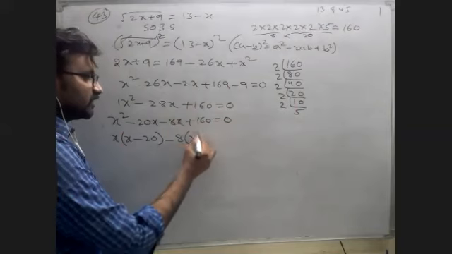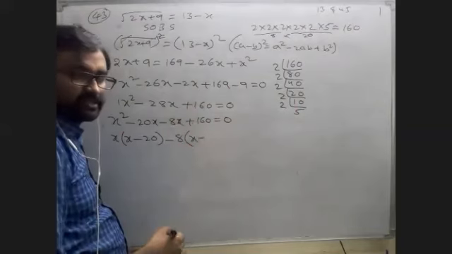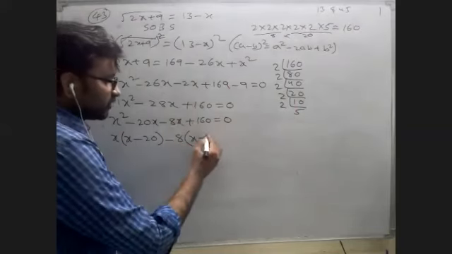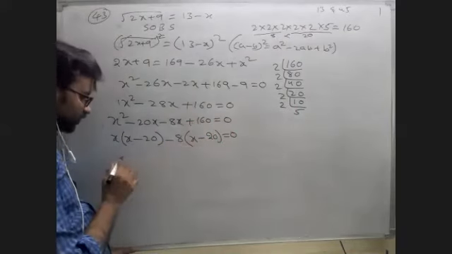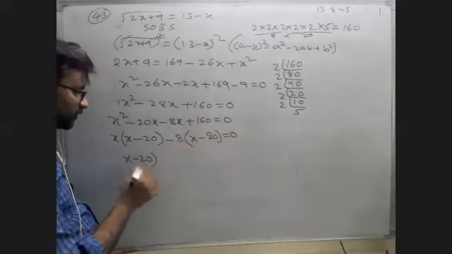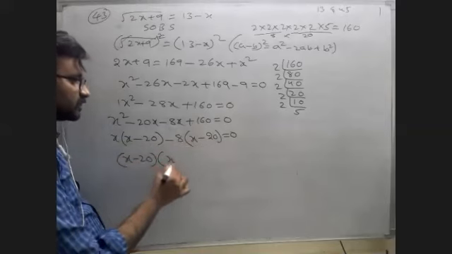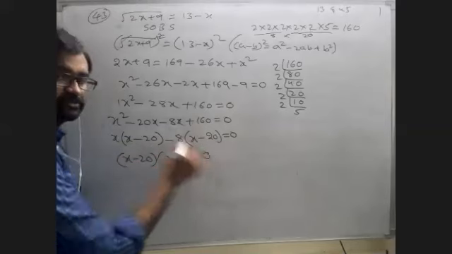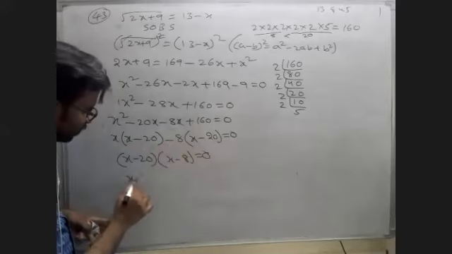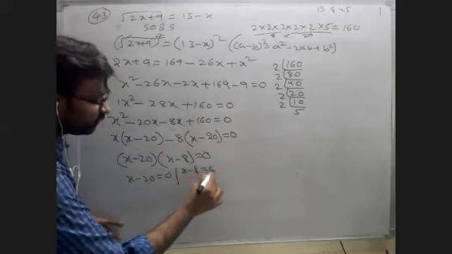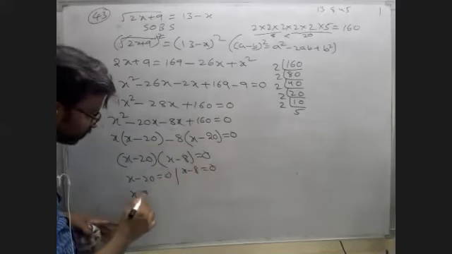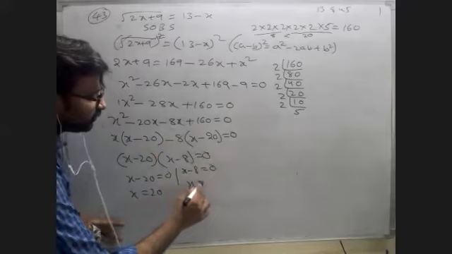Remaining plus x is there, from plus taken minus common minus, and 8 2s is 20 is equal to 0. Now x minus 20 we can take common, and remaining here x minus 8 is there, is equal to 0. Now x minus 20 is equal to 0 or x minus 8 is equal to 0. Therefore x is equal to 20 and x is equal to 8.